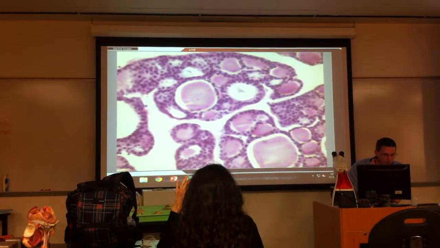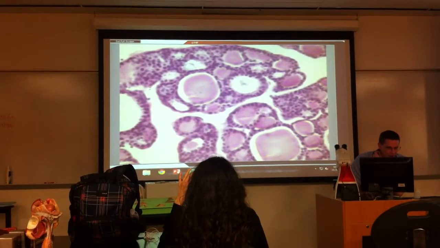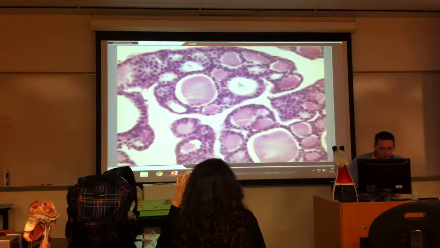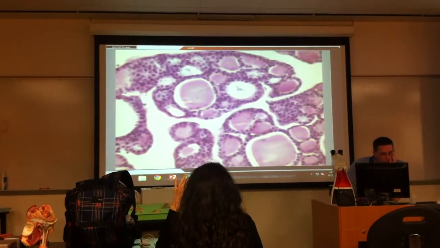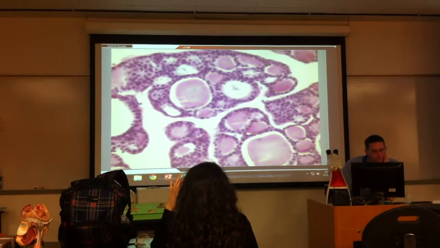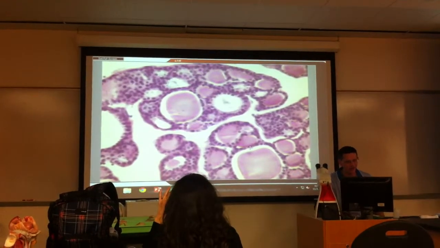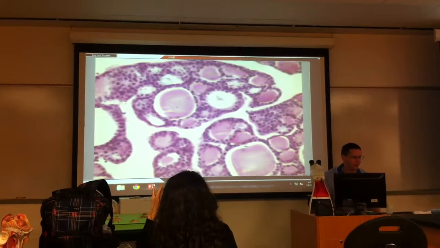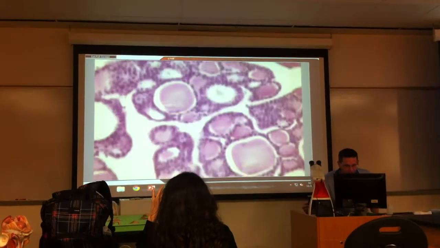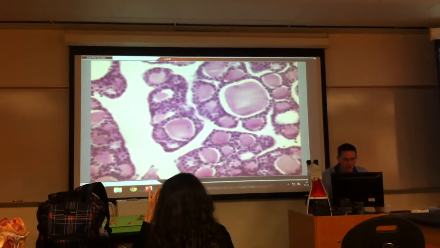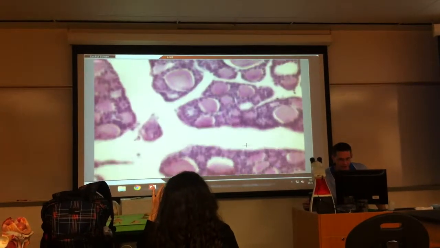The colloid plus the follicular cells, that is a follicle. The reason there's this white gap here is because the colloid evaporated a little bit while they were making the sections.